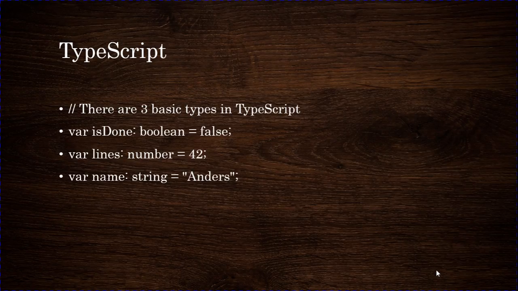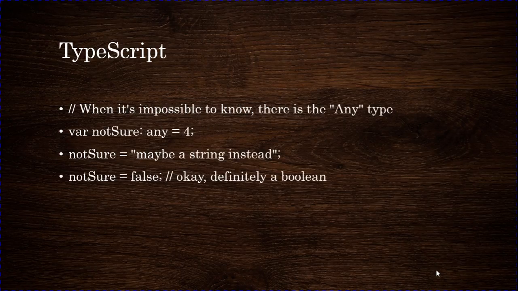In TypeScript there are three basic types: boolean, number, and string. We declare var isDone as a boolean and put false in it. On the other side, a number, which is lines, we initialize with 42, and the same for others.